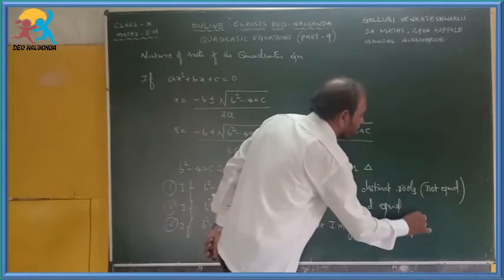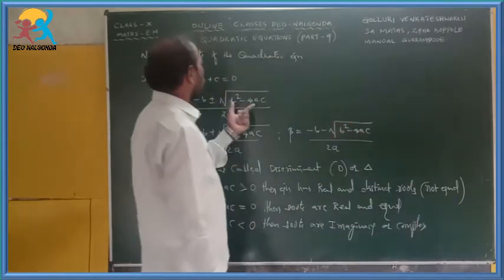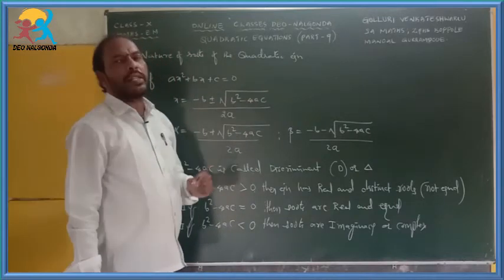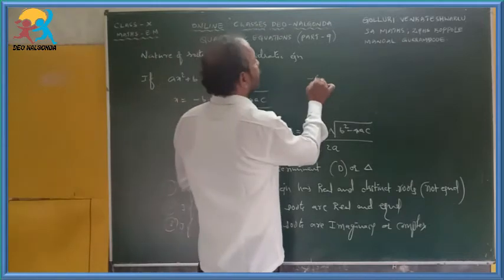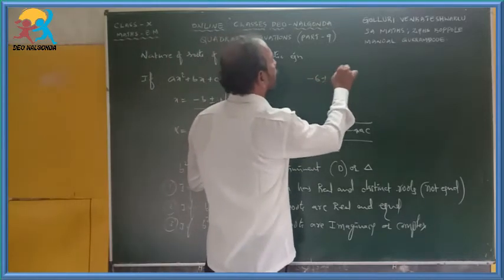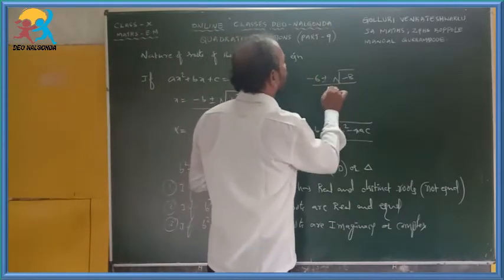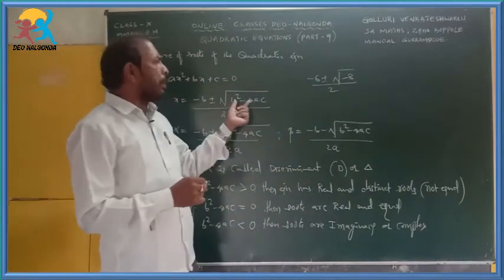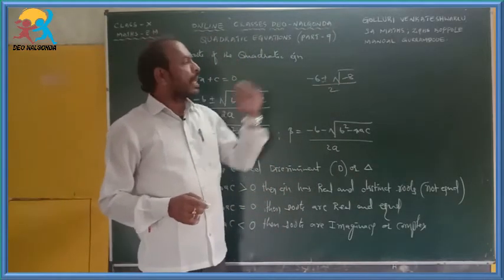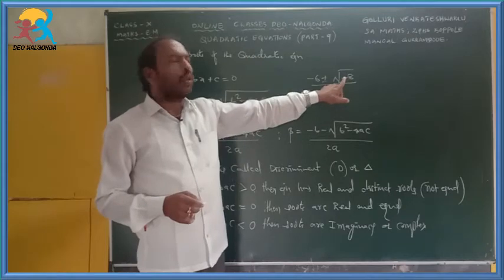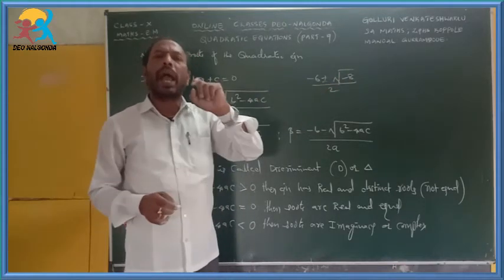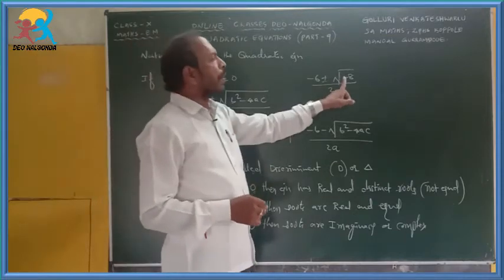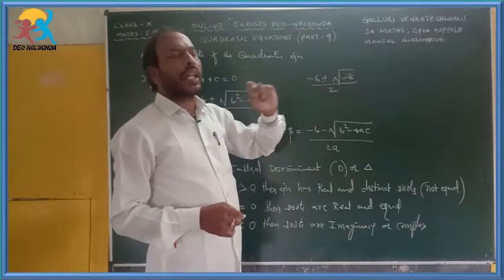Because if the discriminant value is less than 0, for example we get minus 6 plus or minus root of minus 8 by something as the answer. The discriminant is negative, and the root of minus values is said to be an imaginary number. Root of minus 1 is called imaginary.